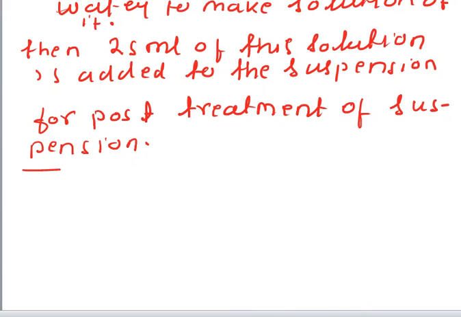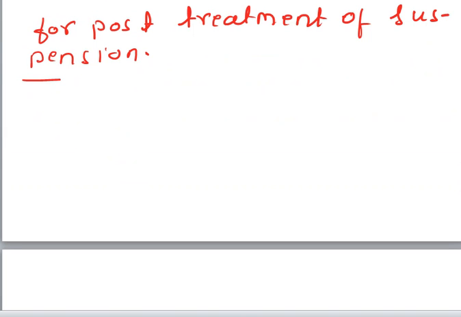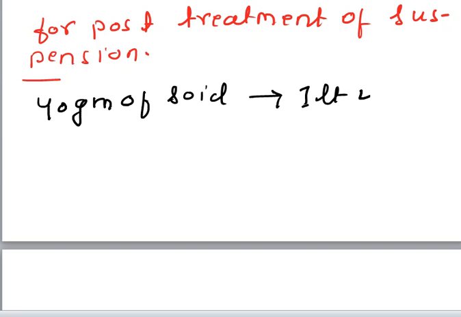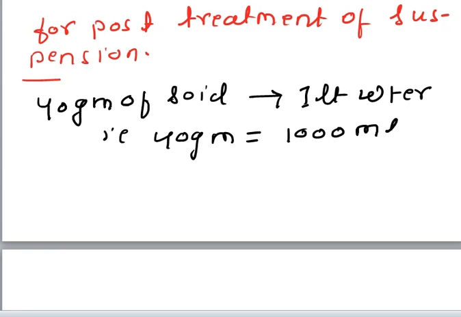So now let's calculate what is actually added. What is the solid content actually added? We have prepared a total of 40 grams of solid mixed in 1 liter of water, that is 40 grams in 1000 milliliters.